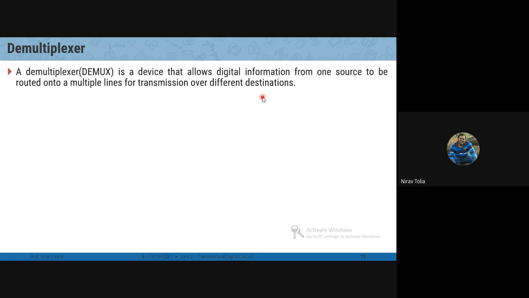The demux is a device which will take the information from only a single source, and it will distribute that information to the different destinations. So it has only one input and numbers of output.